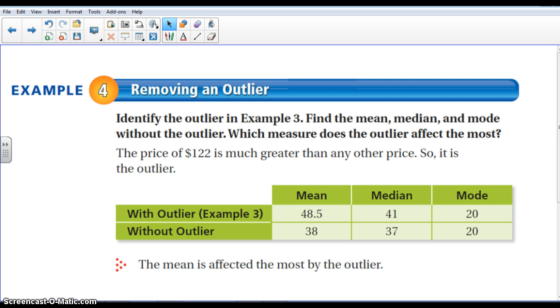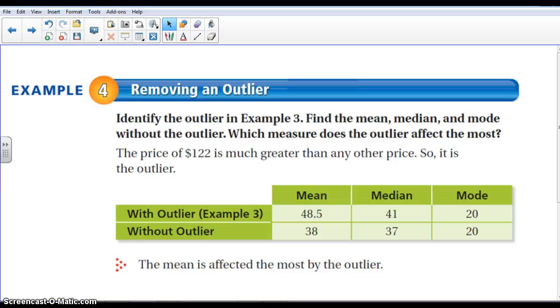Removing an outlier. You have to identify the outlier in example 3, and that is $122. You're going to find the mean, the median, and mode without the outlier. And you're going to figure out which measure the outlier affects the most.